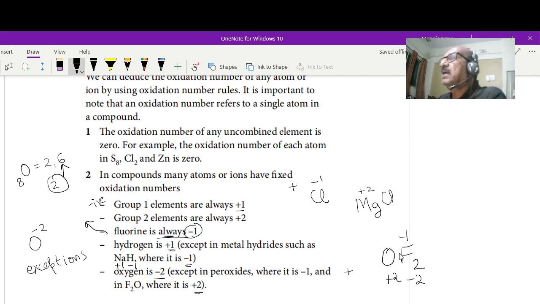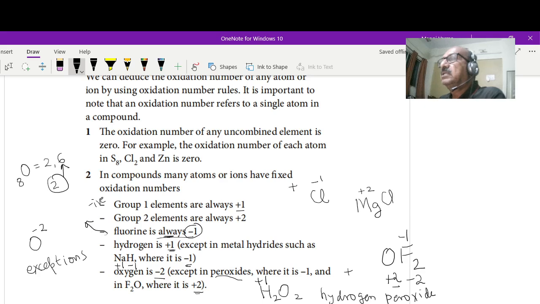So when oxygen is combined with a more electronegative element like fluorine, the oxidation number of oxygen can be +2. Now there are peroxides. What are peroxides? See, H2O2, this is called hydrogen peroxide. You know hydrogen has to be +1 because it is combined with a non-metal, so 2 hydrogens give +2.